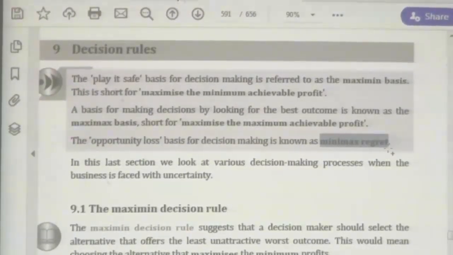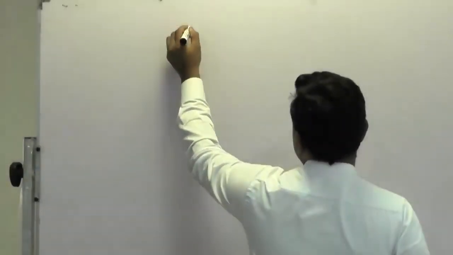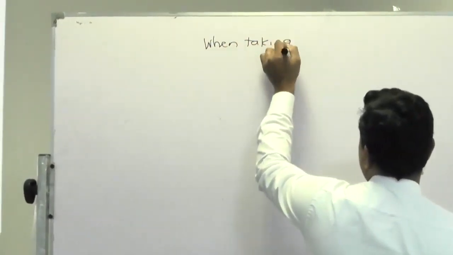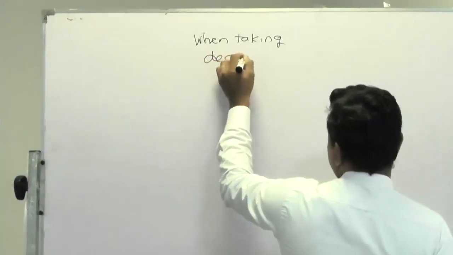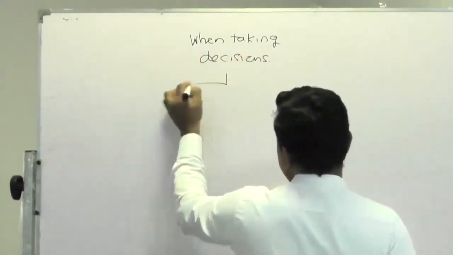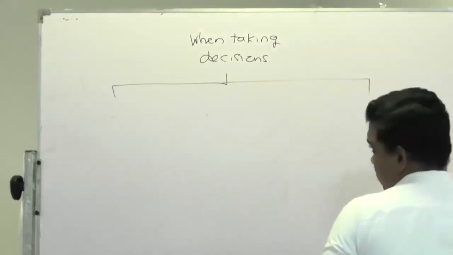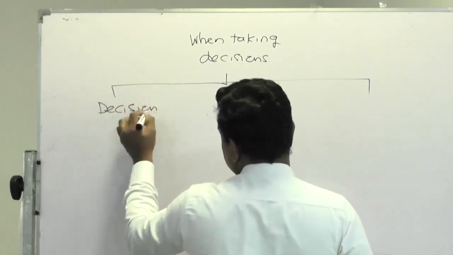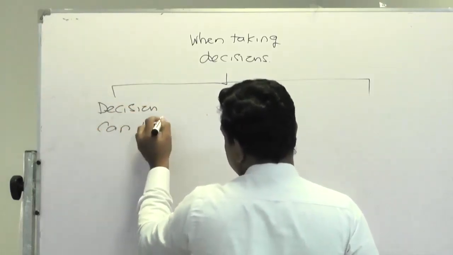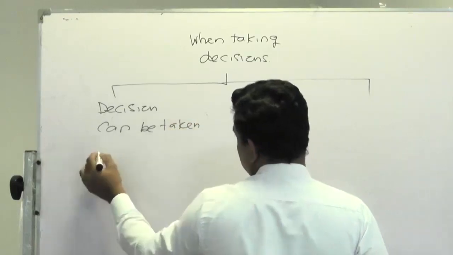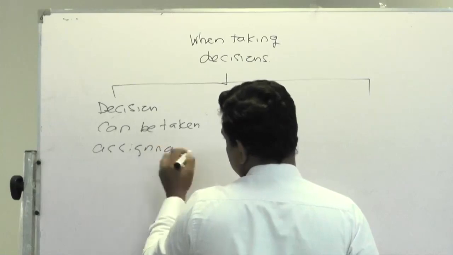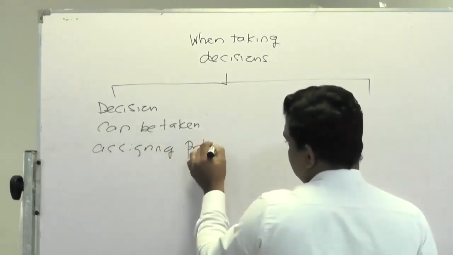Right. When taking decisions, those can be divided into two. Decisions can be taken assigning probabilities.